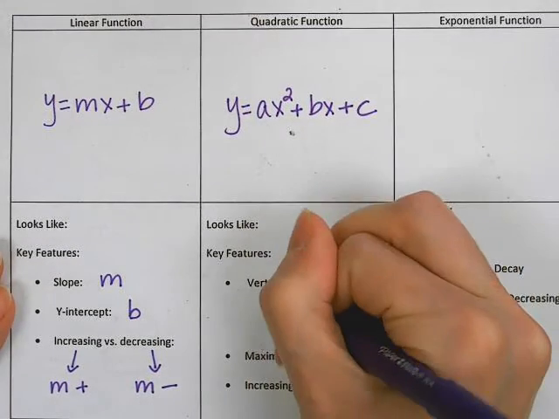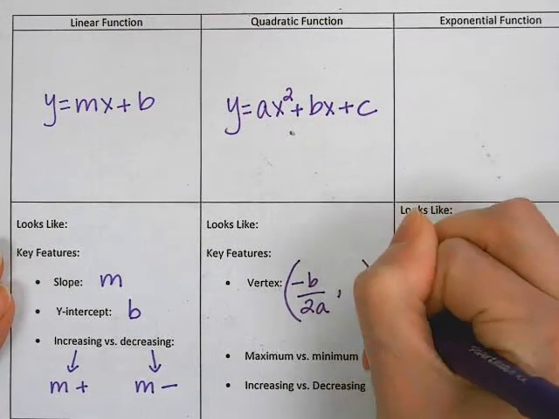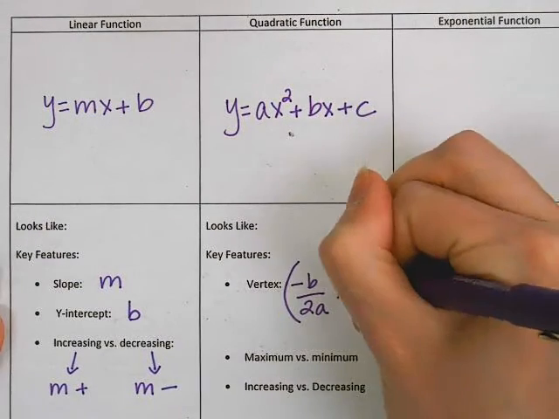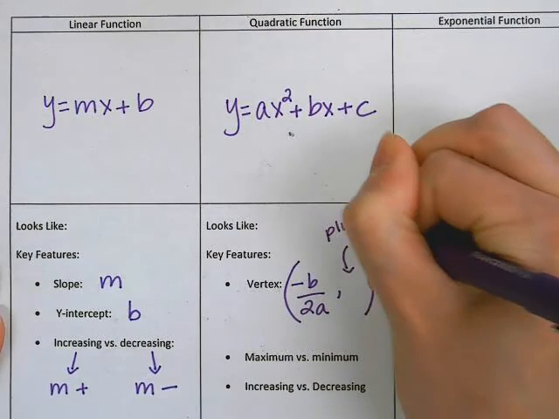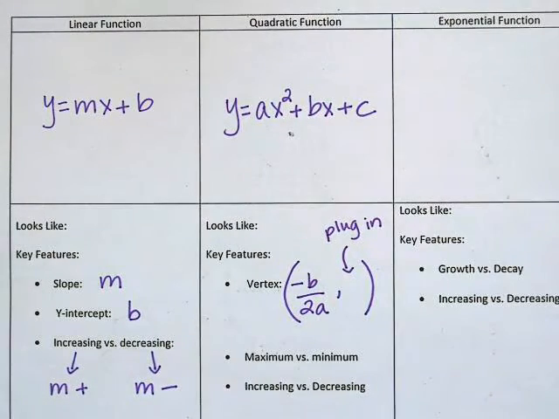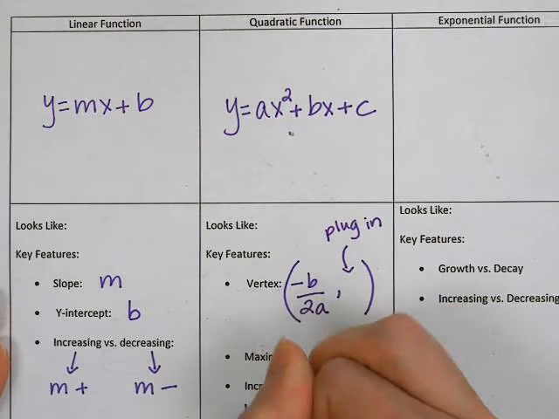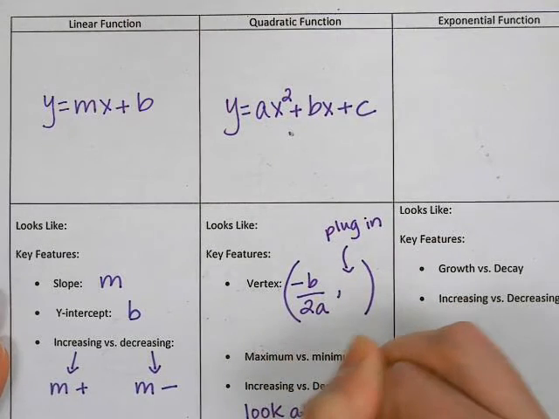And then remember you have to plug it back in to find the y value. So I'll write here: this is where you would plug x back in to find its y partner. Max or min and increasing, decreasing, you would have to look at a graph. So we'll just say look at a graph.